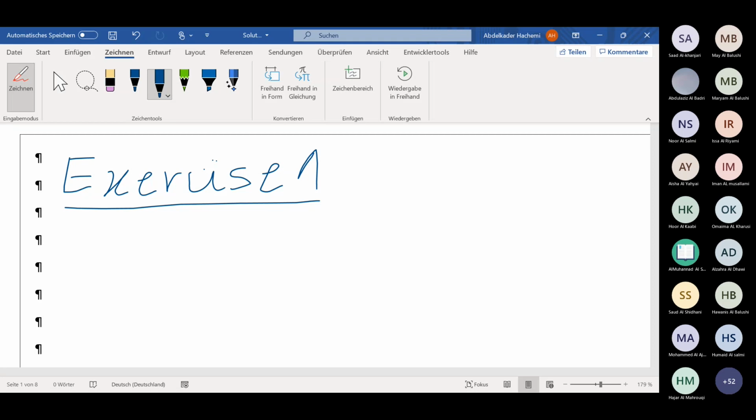Then we have that the velocity of the point P can be written as follows: V_P is equal to V absolute, or frame velocity, plus V relative.